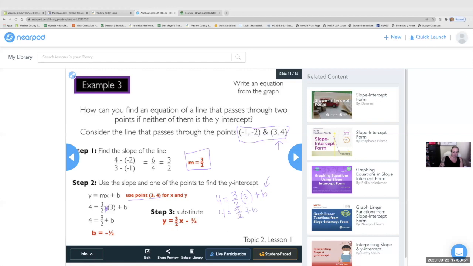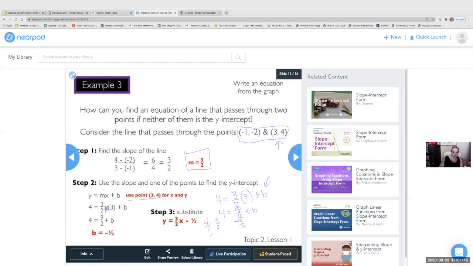And if we need to solve for b, so we're going to subtract 9/2 from both sides. And this becomes 4 minus 9/2, right? But you can't do that until there's common denominators. So we're going to rewrite this. We'll double to get 1 to 2.